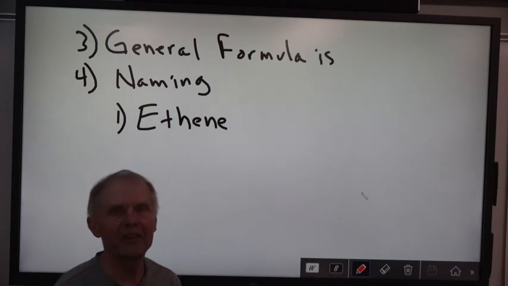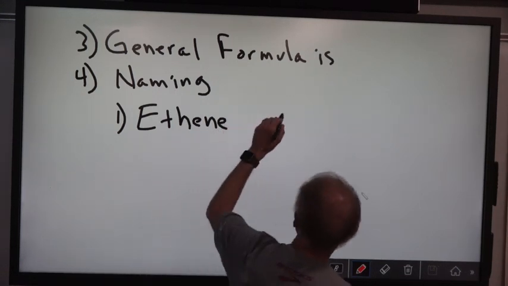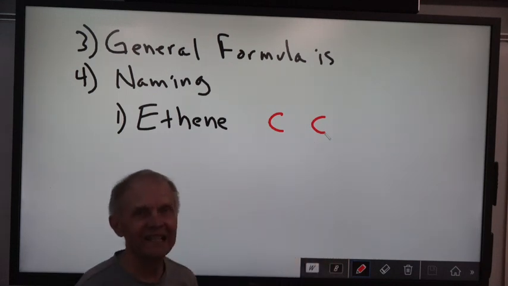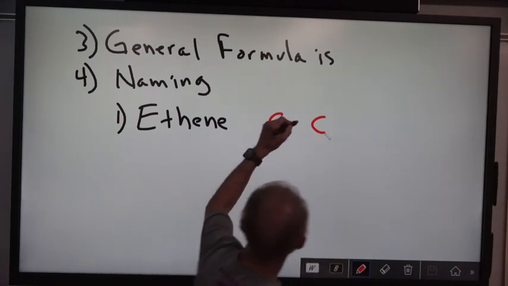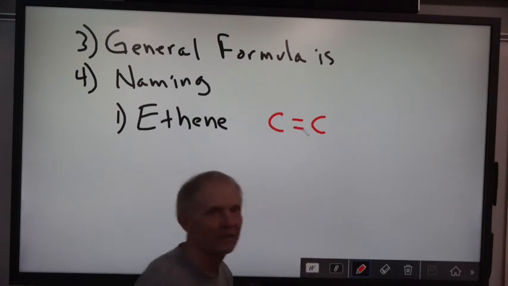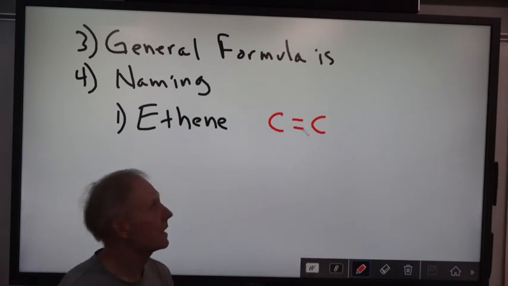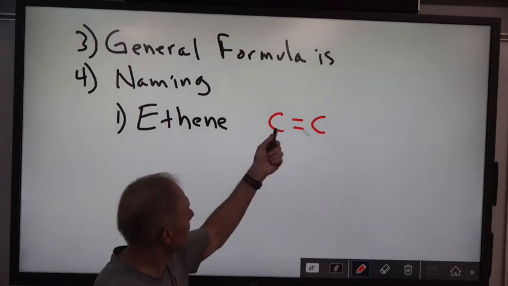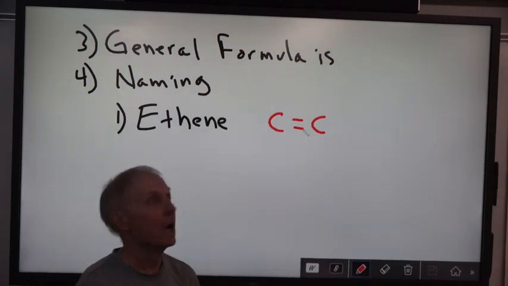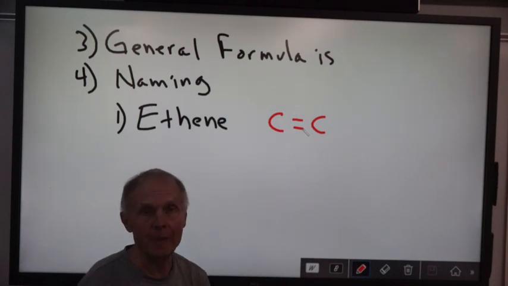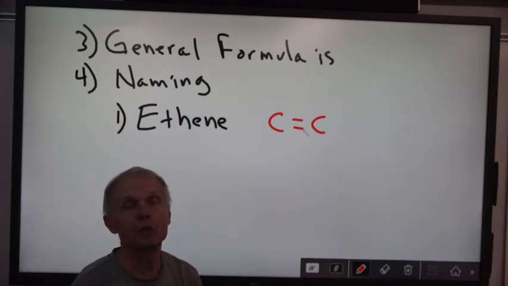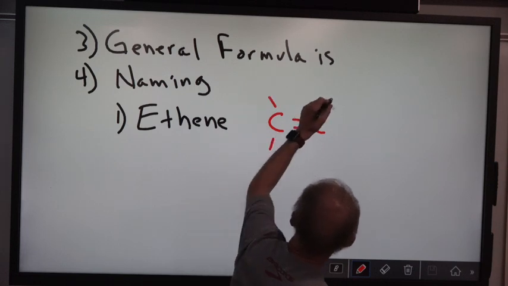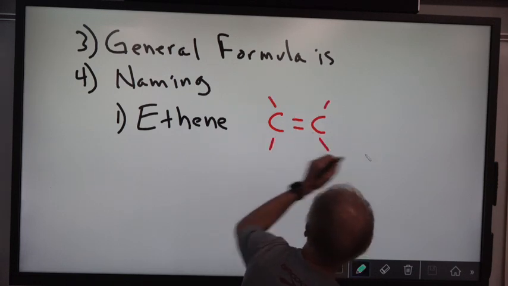Structural formula, eth means two carbons. And since it's an alkene, it's got a double bond between them. Now, if it's got a double bond between them, how many more sites or how many more bonds does each carbon need? Well, each carbon already has two bonds, so it only needs two more bonds. And I'll put these in for you.